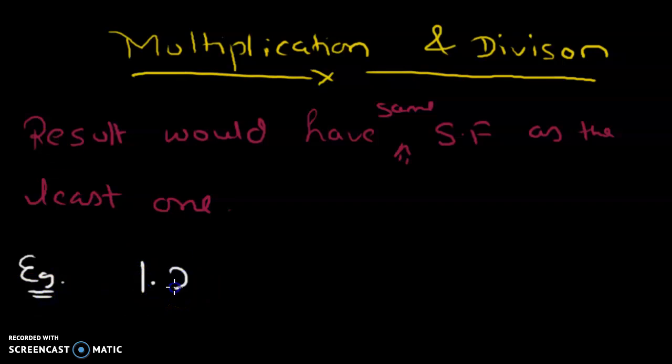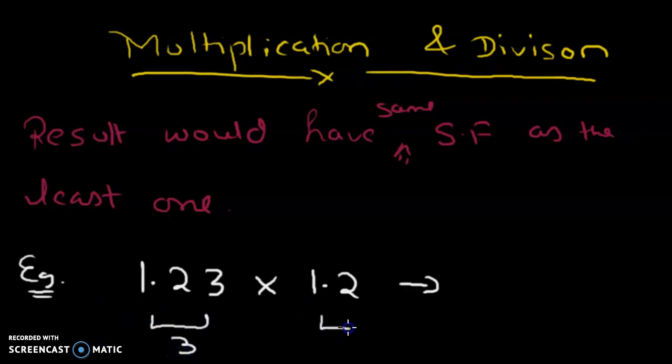Say for example, I multiply 1.23 by 1.2, whatever the result would be. I just need to have it to how many significant figures? Tell me the number of significant figures in the first case? 3. And in the second case? 2. So what do you think the result would have?